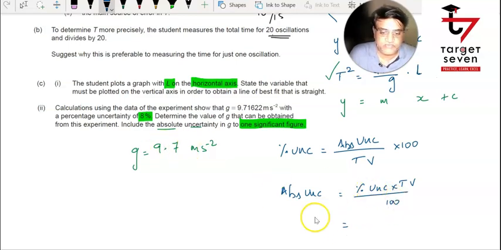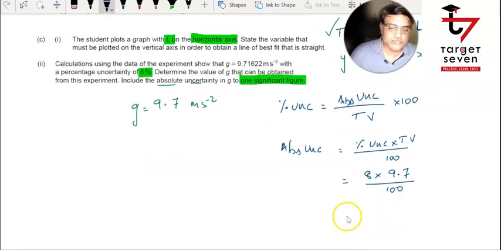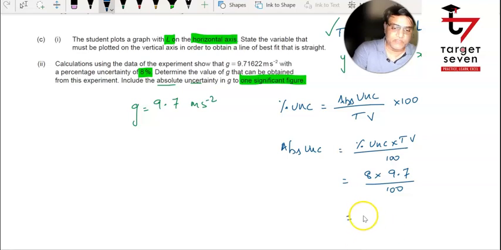Percentage uncertainty is given to us as 8. So 8 into 9.7 divided by 100. Let's quickly try to determine this value here. It is 8 into 9.7 divided by 100 comes out to be 0.776.